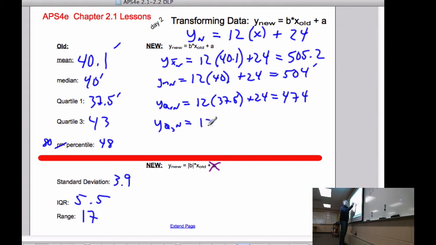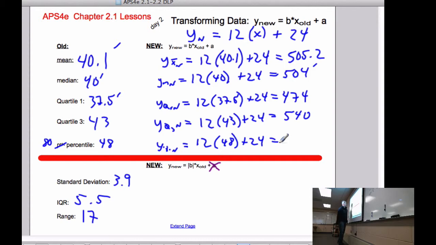New, 12 times 43 plus the 24. 540. Fantastic. And then let's say something I want to know about the 80th percentile. Well, whatever the percentile is, new, is equal to 12 times whatever the number was plus 24. 600. Fantastic. Thank you guys. Really appreciate you being quick about that.